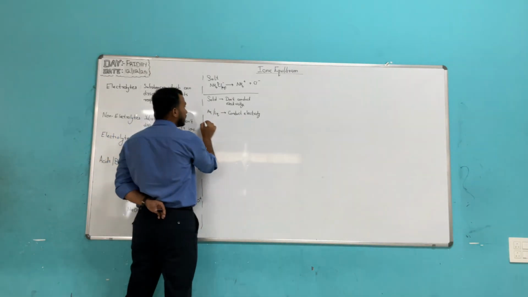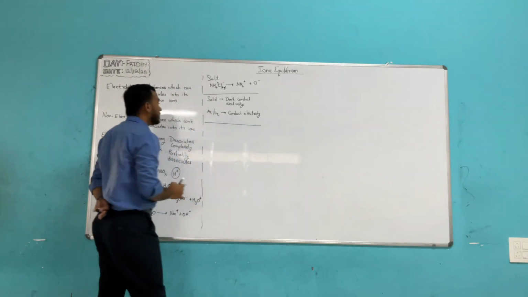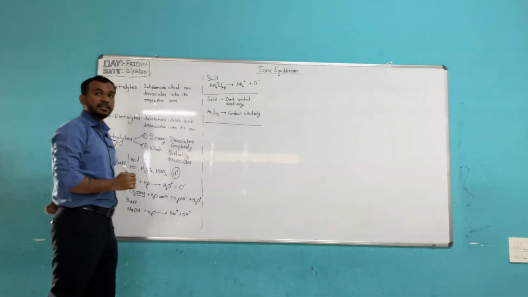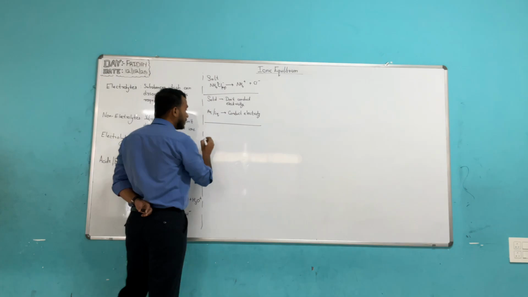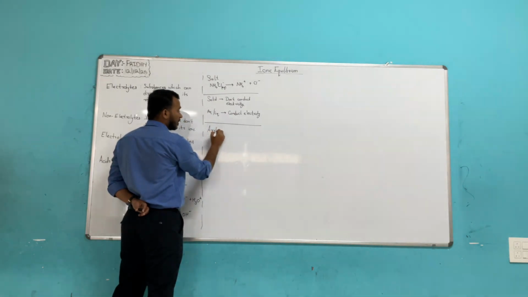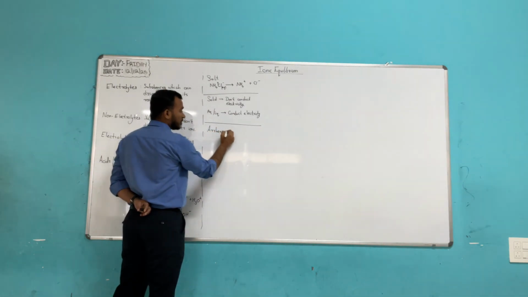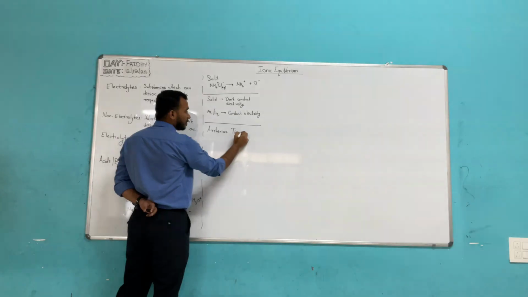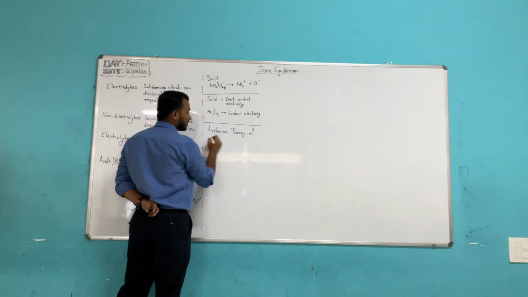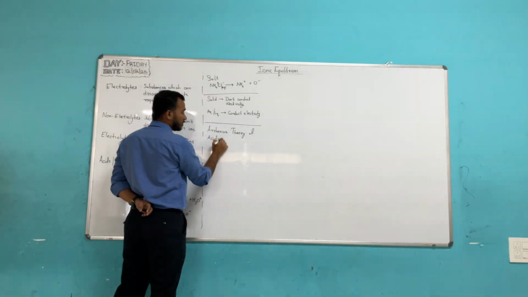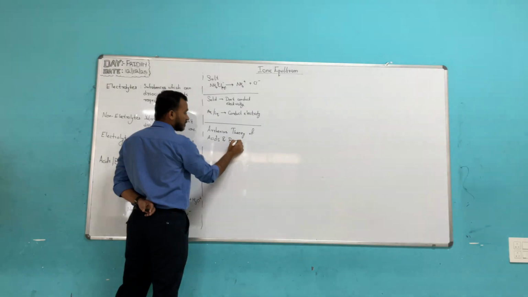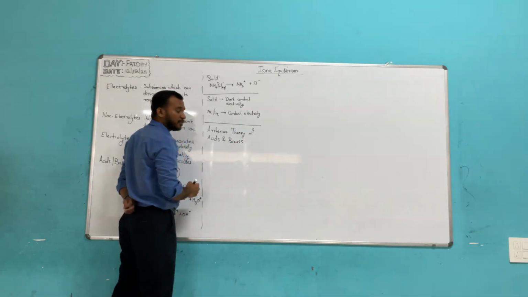After this, the concept which is coming is the Arrhenius concept, Arrhenius theory of acids and bases. What does it tell you?